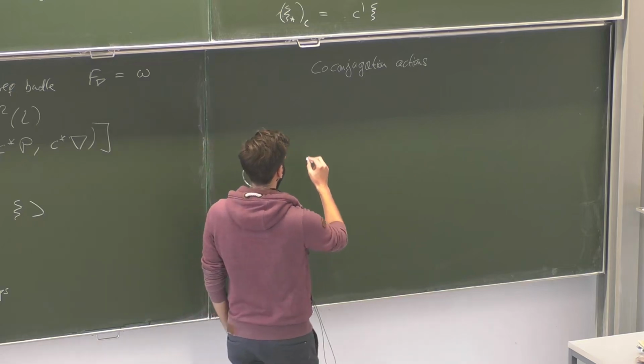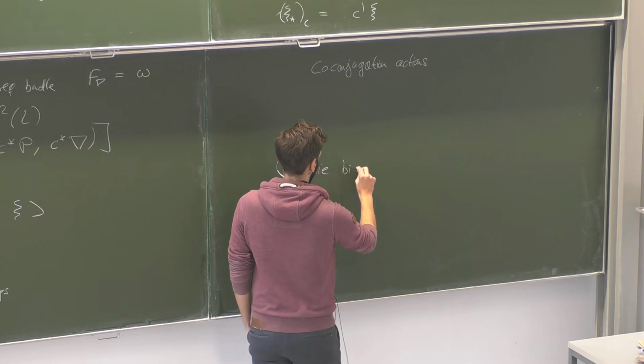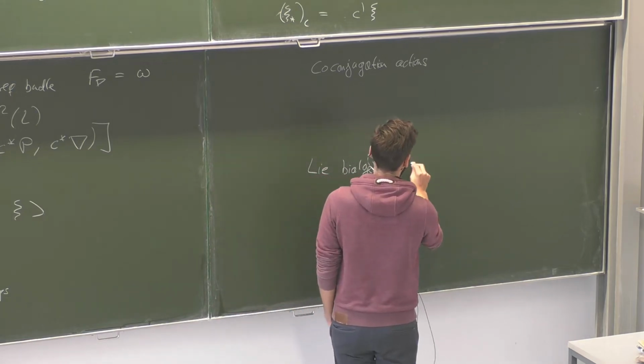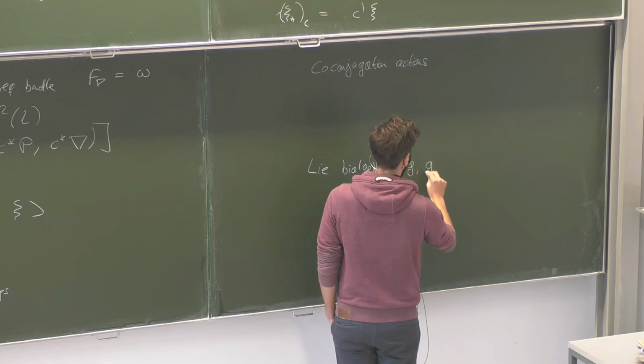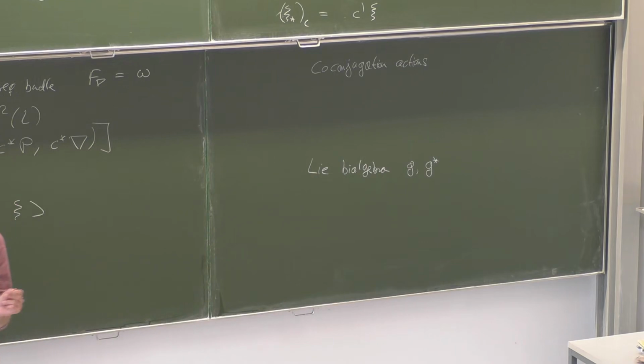And the first one, at the bottom, is you have a Lie bialgebra, which is saying that you have two Lie algebras which are put in duality, such that the commutators work nicely together.